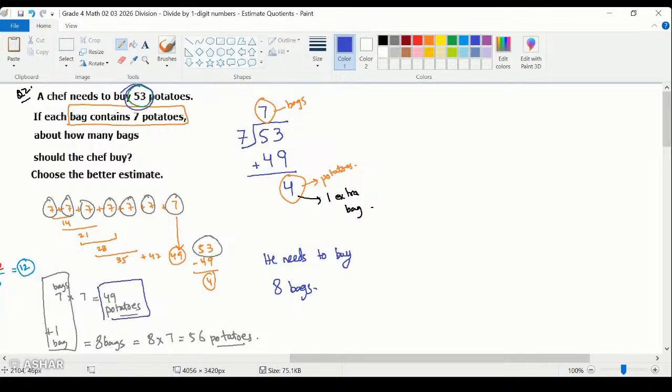So in order to make it 53, he buys 1 extra bag. His total is 56. Agreed? 7 will not be the answer. 8 will be the answer because he needs 4 extra also. 4 he wanted. So 4 he cannot buy as loose. So he would need to buy a complete bag. Okay. Let's have a look at another example.